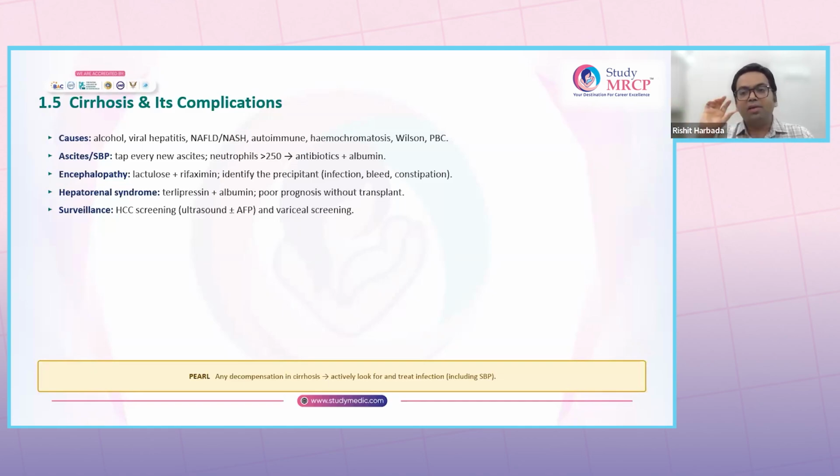So it is a disease in which the liver is going to undergo hepatic fibrosis, along with regenerative nodules which are going to be formed. And the architecture of the liver is going to get distorted.